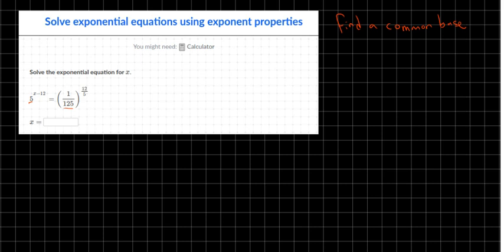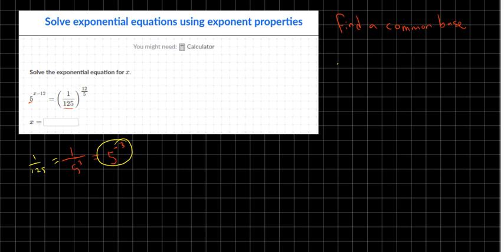So we know from before 1 over 125 is 1 over 5 cubed, but then I also know from my exponent properties that that's a negative exponent. 1 over the exponent is the negative exponent. So everywhere that I see 1 over 125, I'm going to write that.